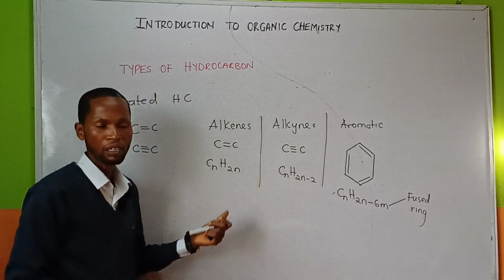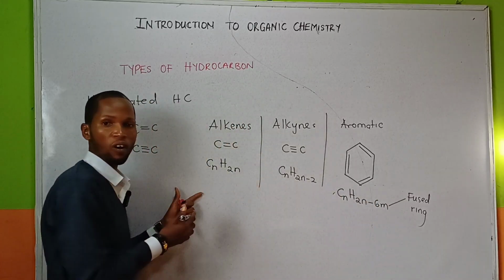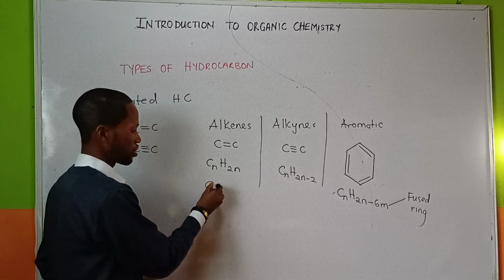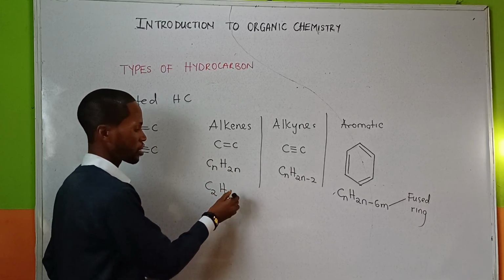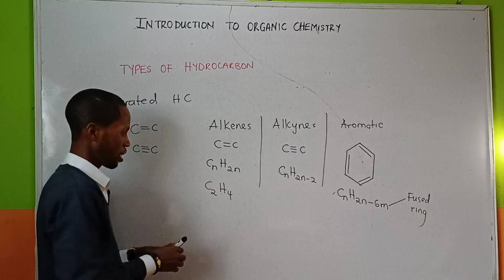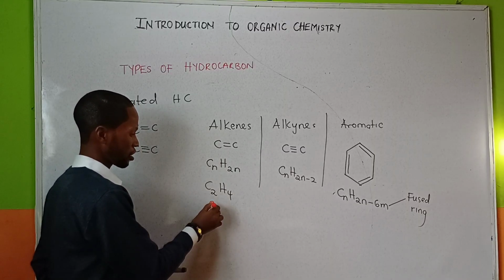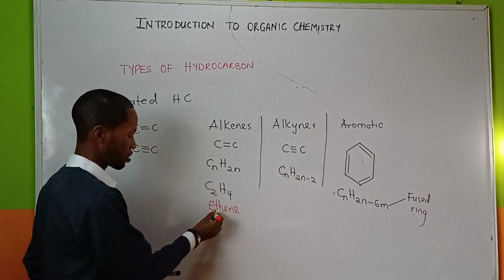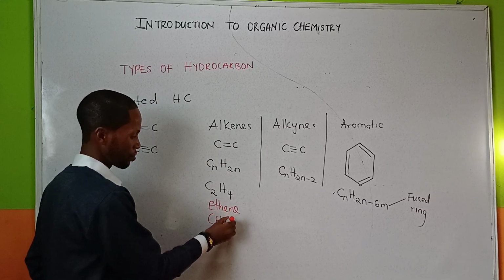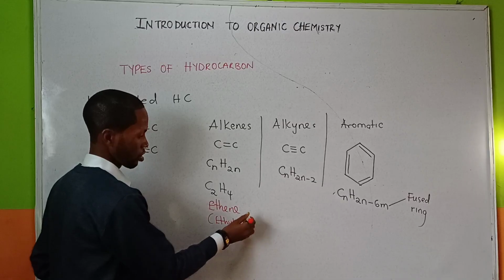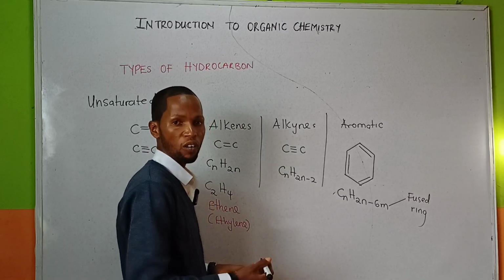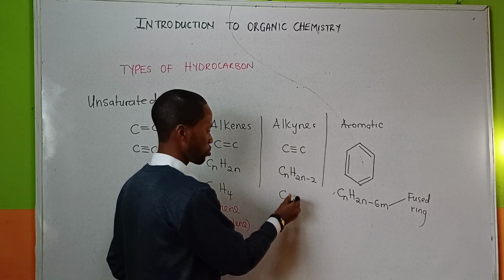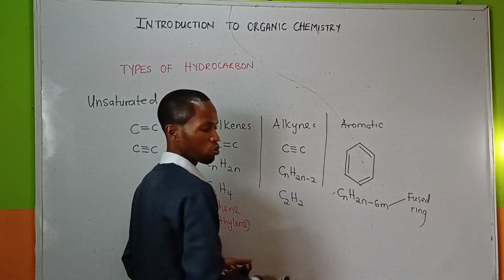So let's come back to this. The first member of the alkene series has the molecular formula C2H4, and the IUPAC name is ethene, which is also referred to as ethylene. While the first member of the alkyne series has the molecular formula C2H2.